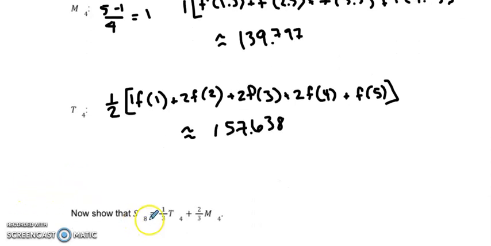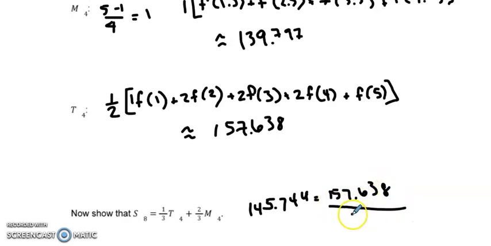Let's confirm that Simpson's rule with 8 partitions is equal to 1/3 the trap with 4 plus 2/3 the mid with 4. So remember that my Simpson's rule had 145.744, and we want to show that that is equal to my trap of 157.638 divided by 3 plus my mid of 139.797 all times 2/3.